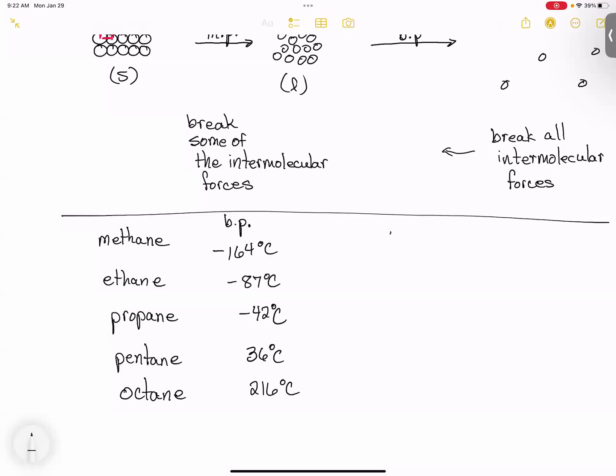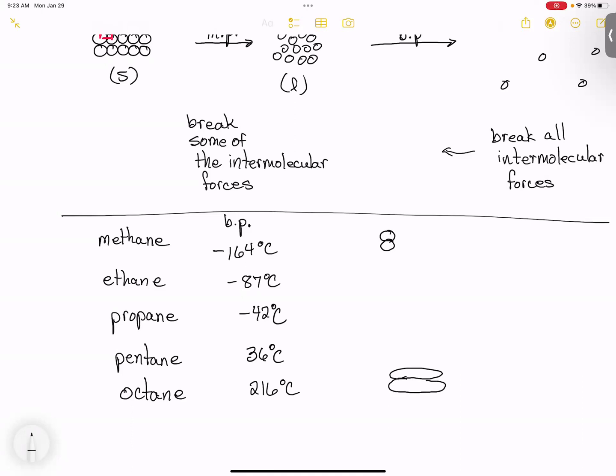With methane, we're separating two small molecules. But if you're talking about octane down here, it's 8 carbons long, so you're talking about much longer molecules.